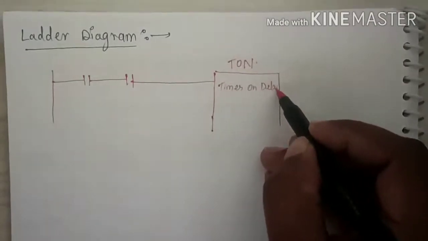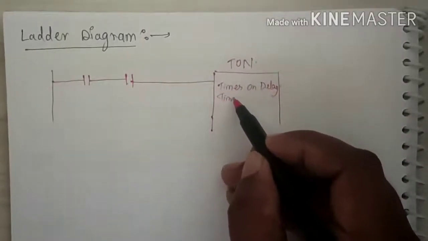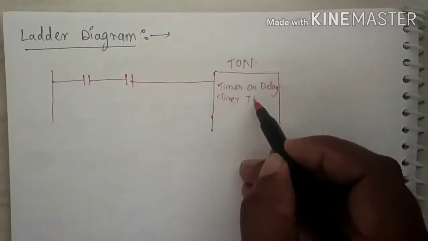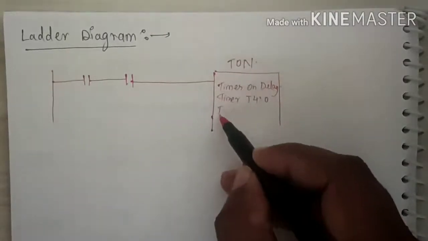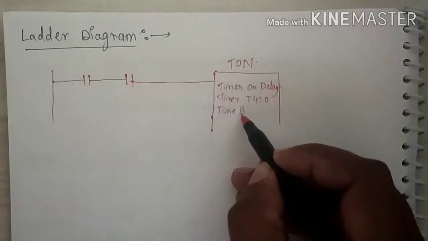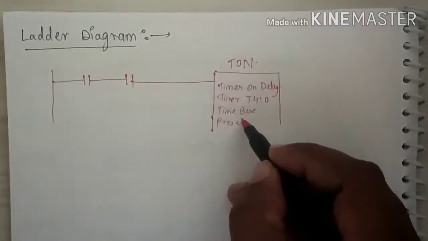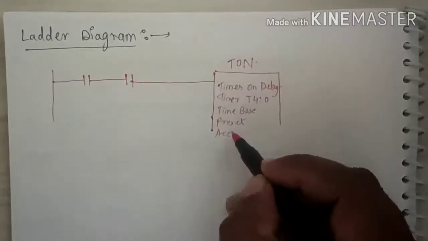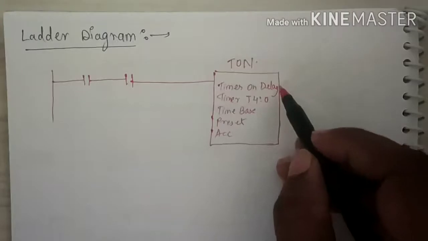The timer on delay is used here. T4:0 denotes the timer location. Then we have time base, then preset, then our accumulator value. These are the parameters inside the timer.